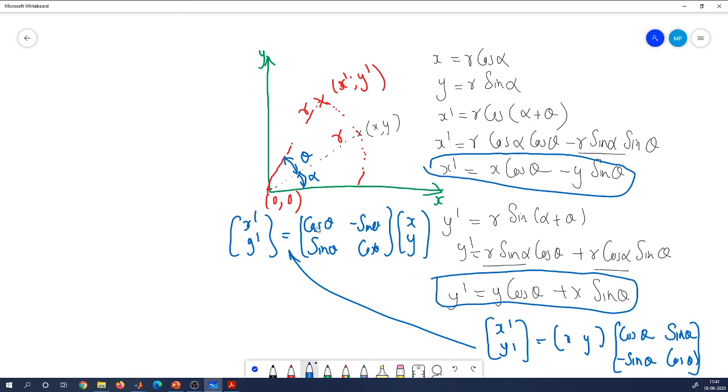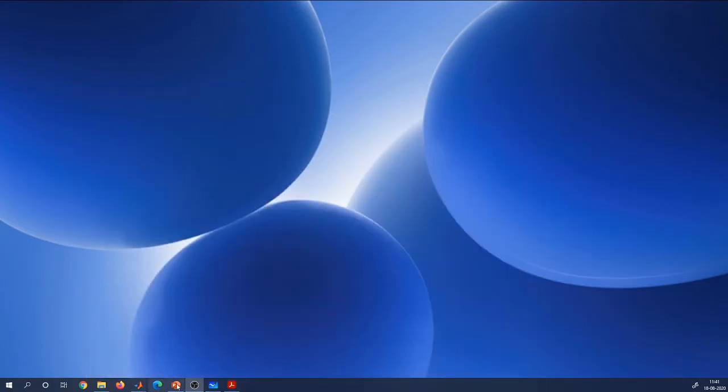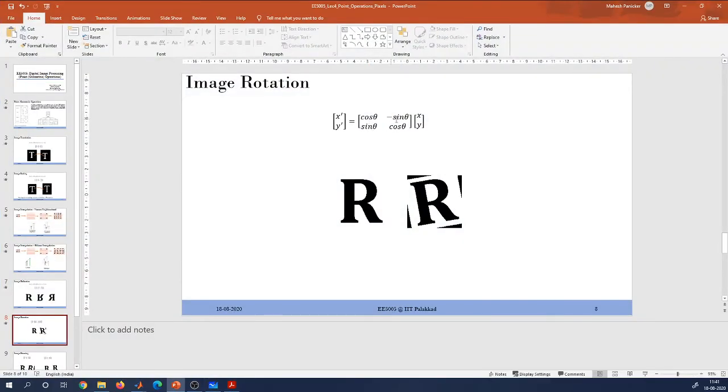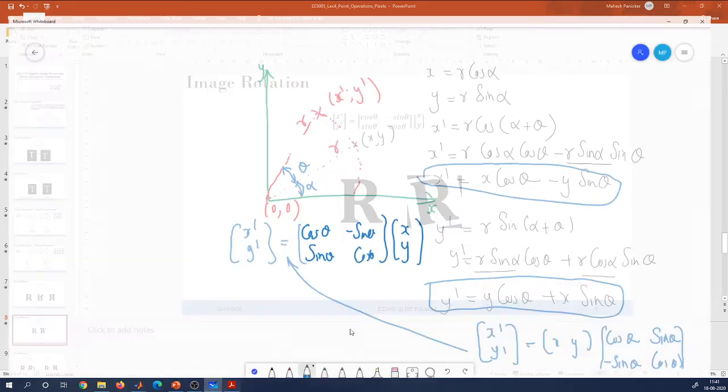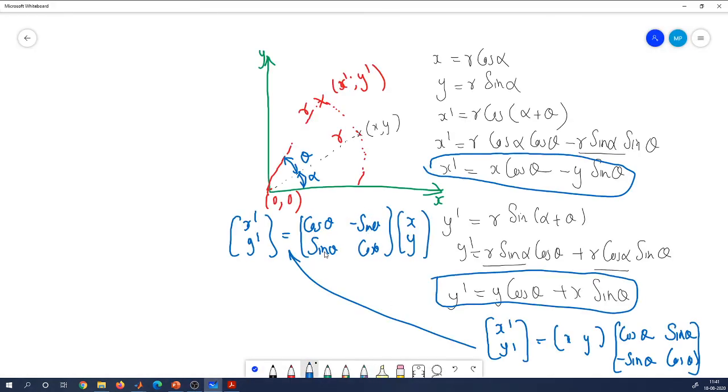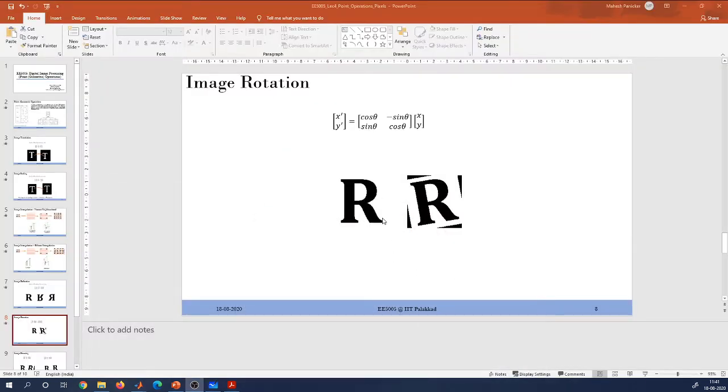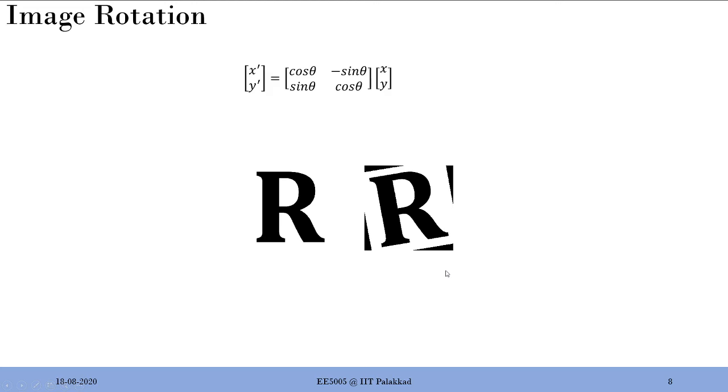And that's what you are having in this expression, right? Okay, so that is the derivation for the rotation matrix in a simple way.